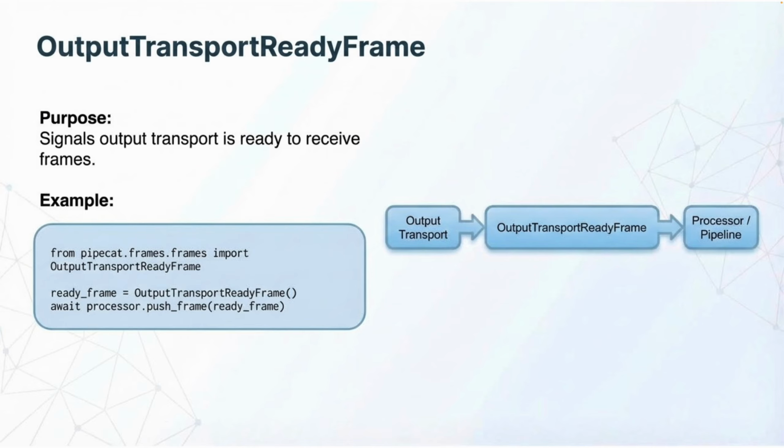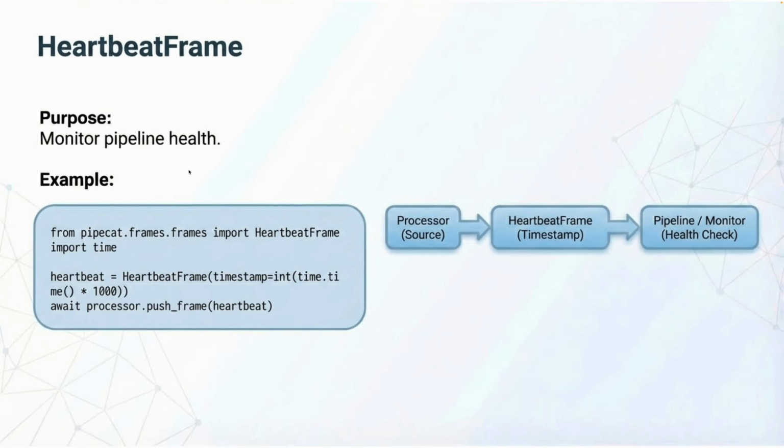So when the transport is available, it synchronizes the pipeline start with it. It's used by output transports and downstream processors. So basically it signals that the output transport is ready to receive frames. That's it. So this is about that, and then we have heartbeat frame.